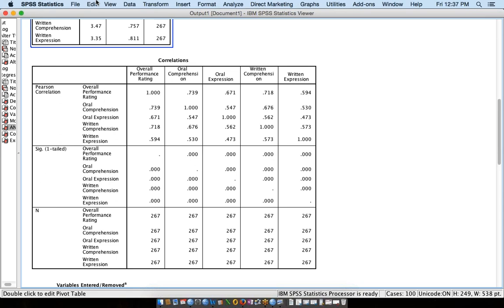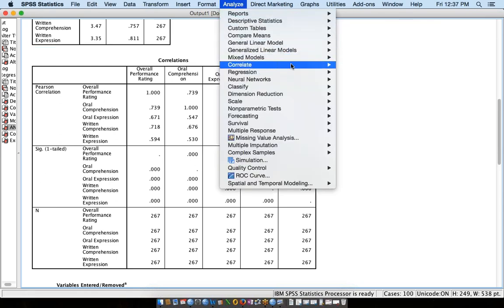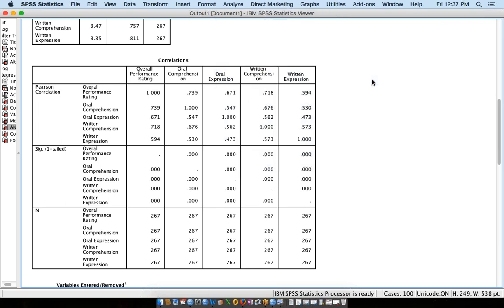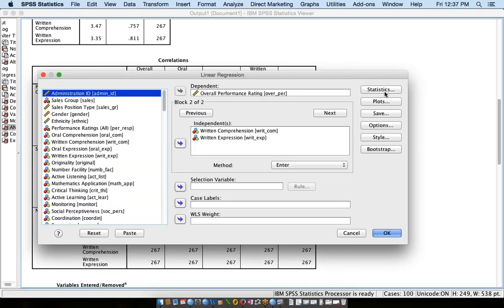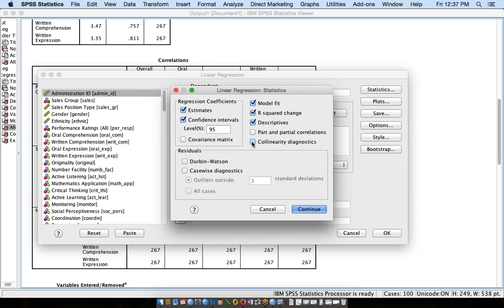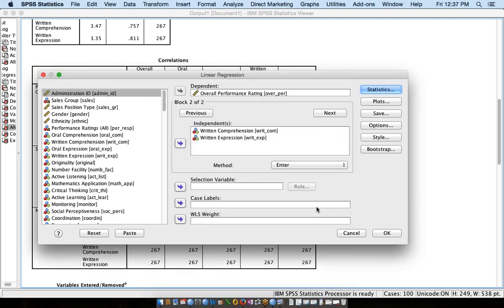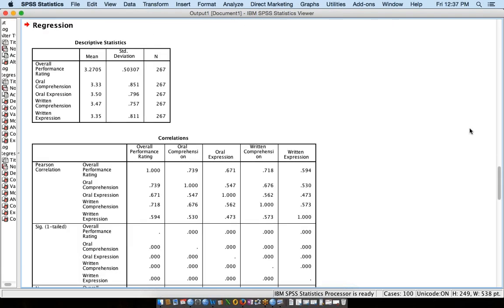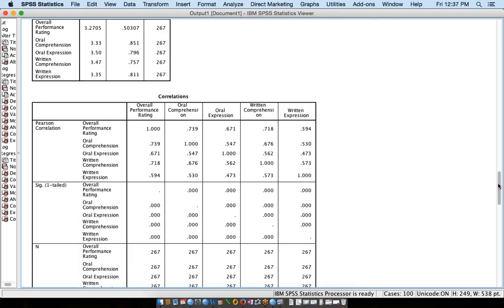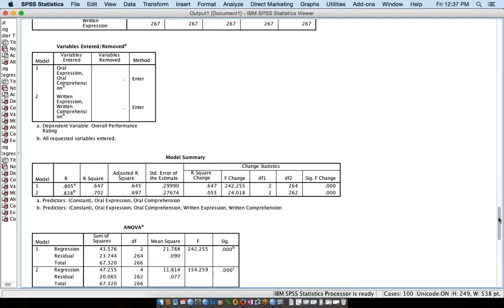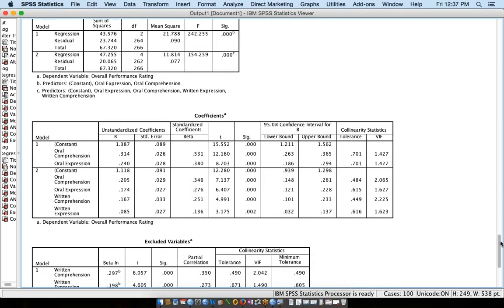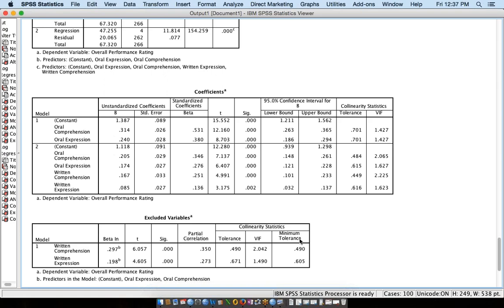And the other thing that you could do, and I'll do this really quickly, is look at the collinearity diagnostics. Say okay, it's going to run this again. And none of these actually look too bad.